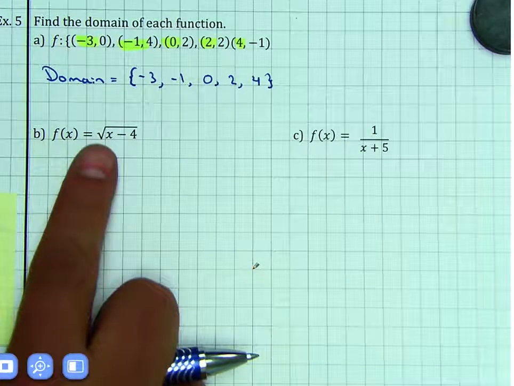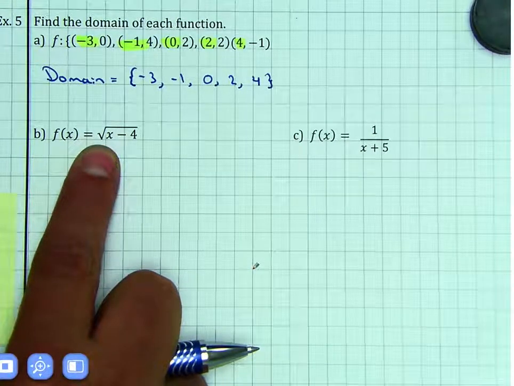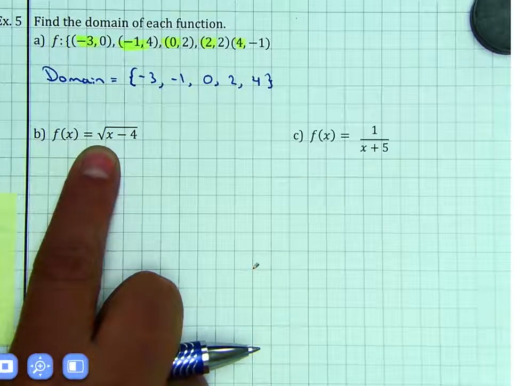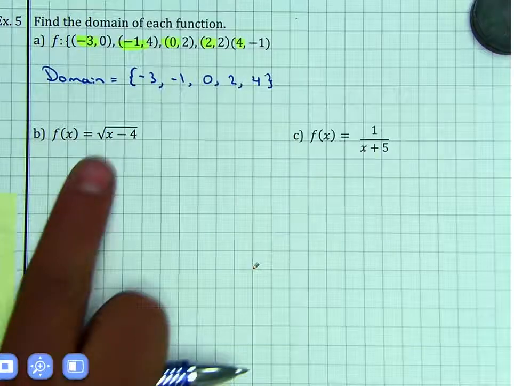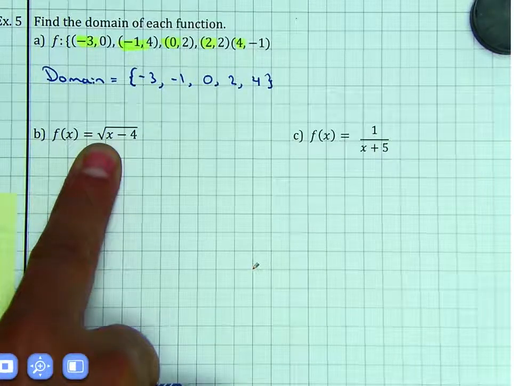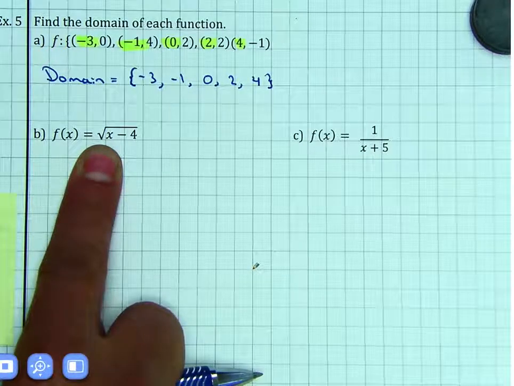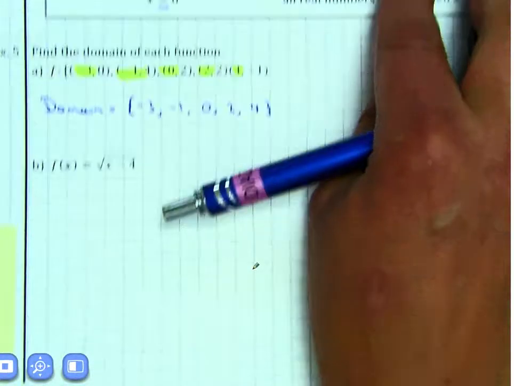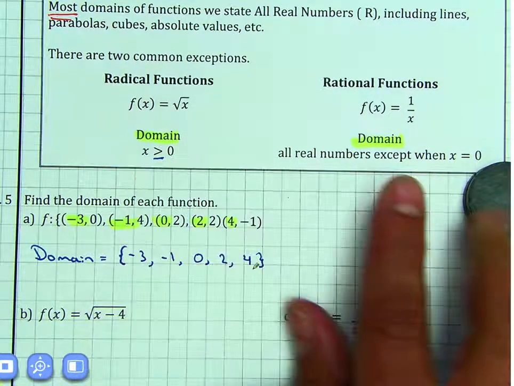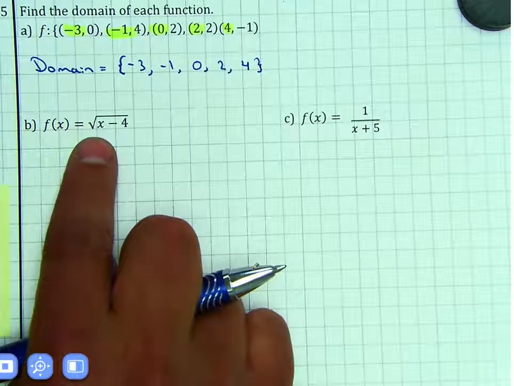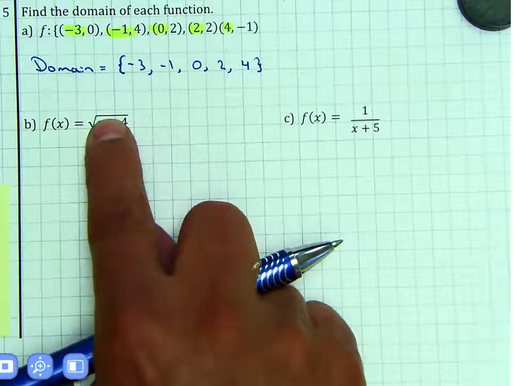Once we get to an equation, if they give you a graph, you are very good at this. But now, the way you want to think about it is, what values can I plug in for x? What is the smallest value that I can plug in for x? We know that with radical functions, your domain will be restricted, because you cannot take the square root of a negative number.